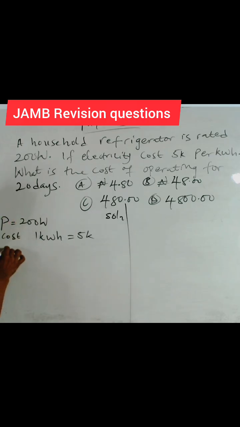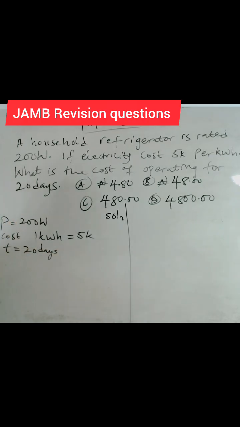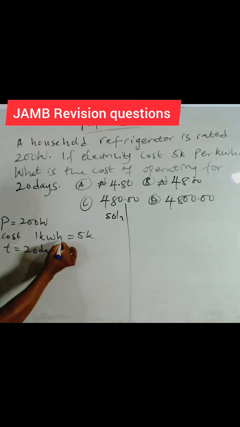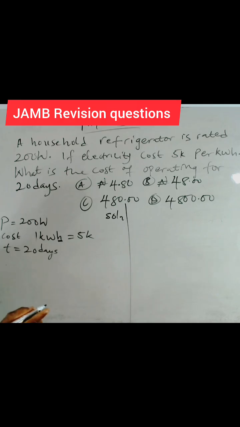The time here is 20 days. And of course, you cannot just work it for 20 days. Before you work out the time, because the cost is per kilowatt hour, you must convert these 20 days to hours.